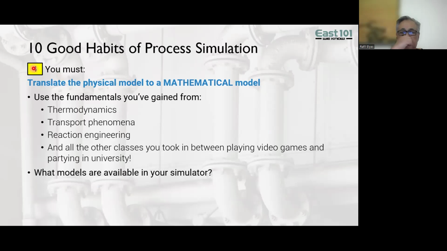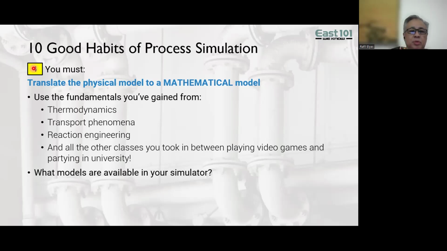Number 4. This is why we spend 4 years in engineering school. For those 4 years, we've slogged through all of these courses and exams and gone through thermodynamics, transport phenomena, which is momentum, heat, and mass transfer, reaction engineering, and we've done our unit operations, heat exchanger design, and our capstone project, where we've probably designed a facility.